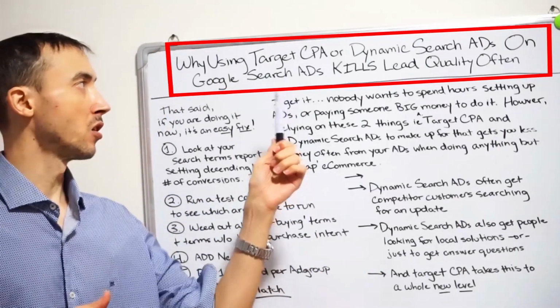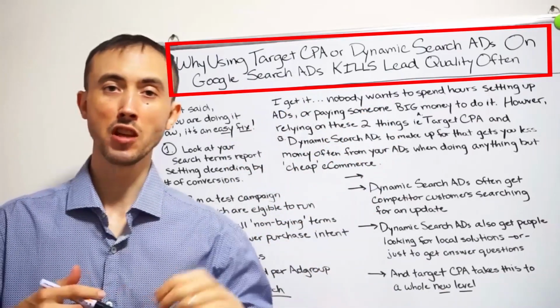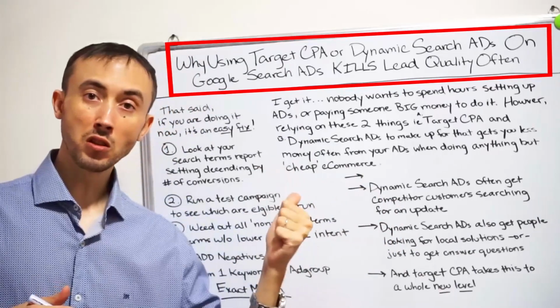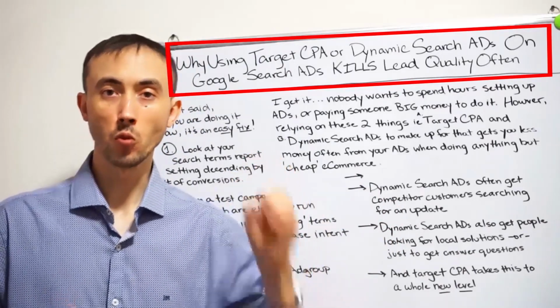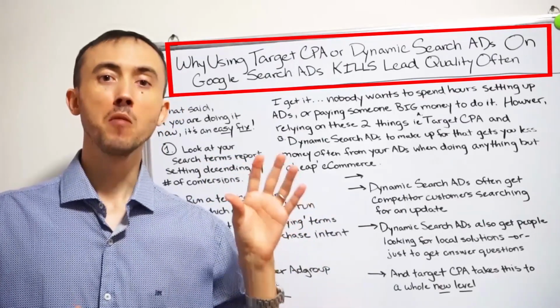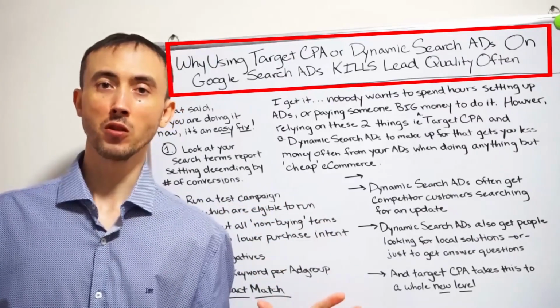Anybody who's using Google Ads and trying to use Target CPA or dynamic search ads, your campaigns aren't going to be nearly as profitable using these two things, due to the nature of how they work. I'll also explain specifically why you most likely want to stay away from them, even though I'm not saying anybody couldn't get results with it.